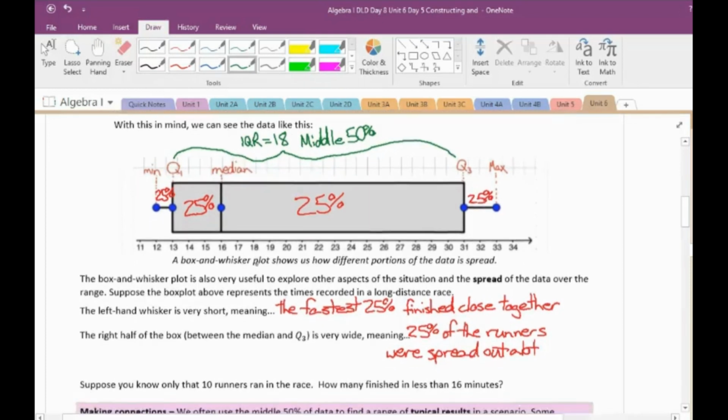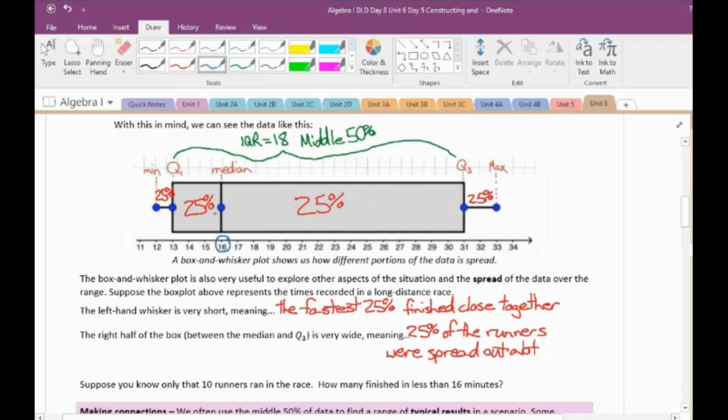Now, another thing that you can use, I said we could explore other aspects of the situation. Suppose, again, we didn't have the original data, but we knew that there were 10 runners that ran in the race. Our original data had 10 data points. How many people finished in less than 16 minutes? Well, 16 minutes is right here at the median.